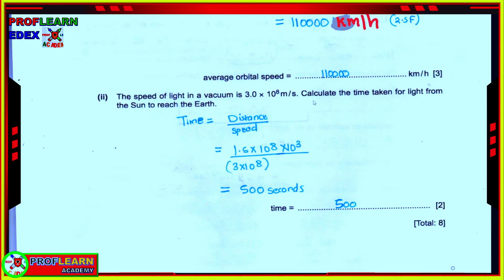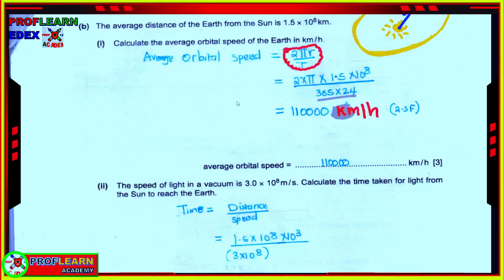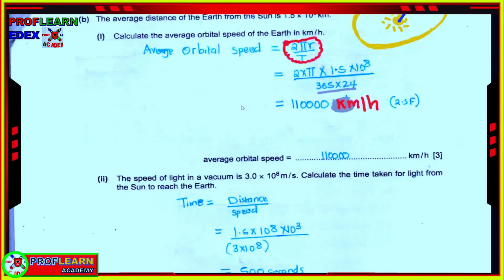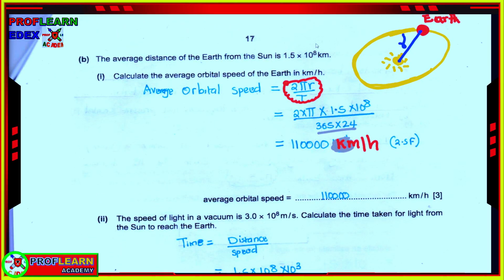we are also told that the speed of light in a vacuum is 3.0 times 10 raised to power 8. We are supposed to calculate the time taken for the light from the sun to reach the earth. What you need to know is that the distance from the sun to the earth is equivalent to 1.5 times 10 raised to power 8 kilometers.